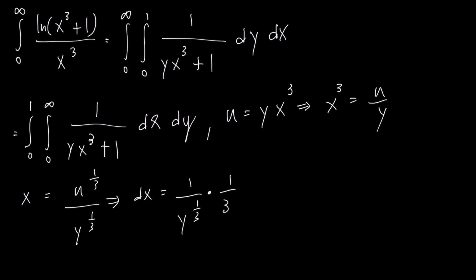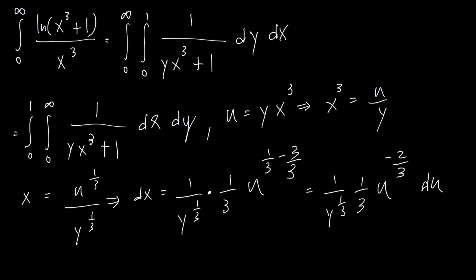So we have a 1/3 u to the 1/3 minus 1, which is 1 over y to the 1/3 times 1/3 u to the negative 2/3 du. So that's our dx. And the bounds of integration: u sub 1, when x is 0, is 0, and u sub 2 will tend towards infinity, so the bounds do not change.